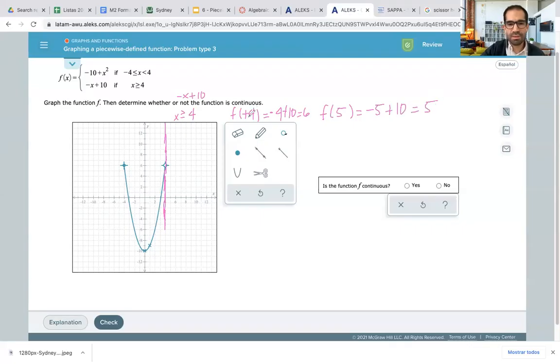So you have coordinate 4 comma 6. So I'm going to sketch that one. 4 comma 6 is going to start here, and then 5 comma 5. So 5 comma 5 over here. Now you can use this tool, and you'll start here, go through the coordinate.